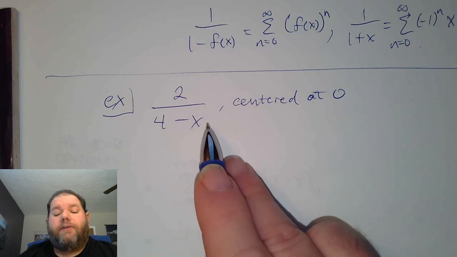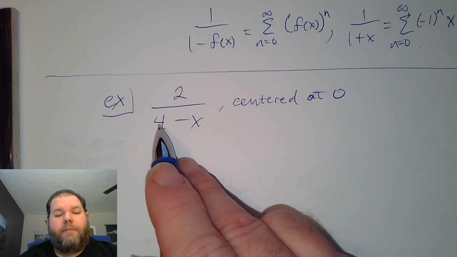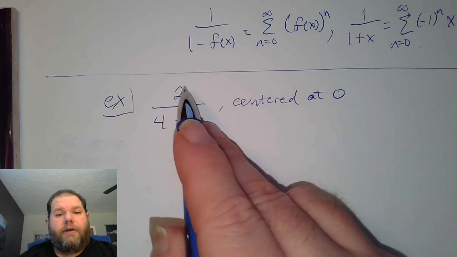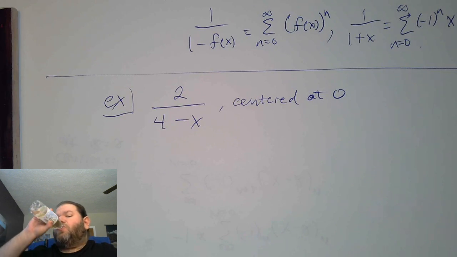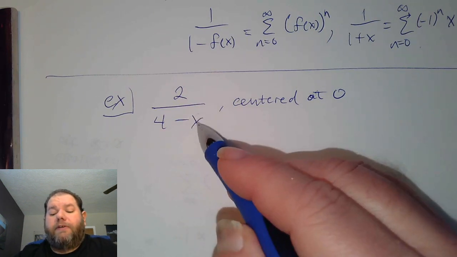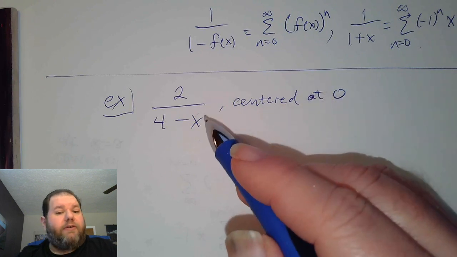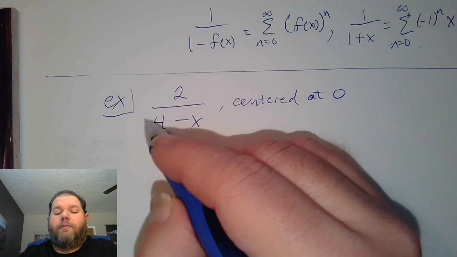We always start with this term first. Then we do the constant on the bottom, then we do the constant on top. So, we know this is good because this already reflects the center being 0, so it's x minus 0 or just x. So we move to this term.